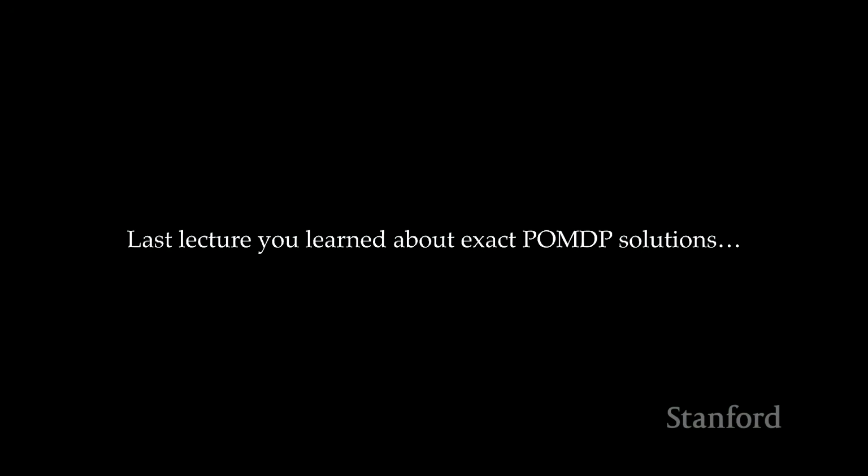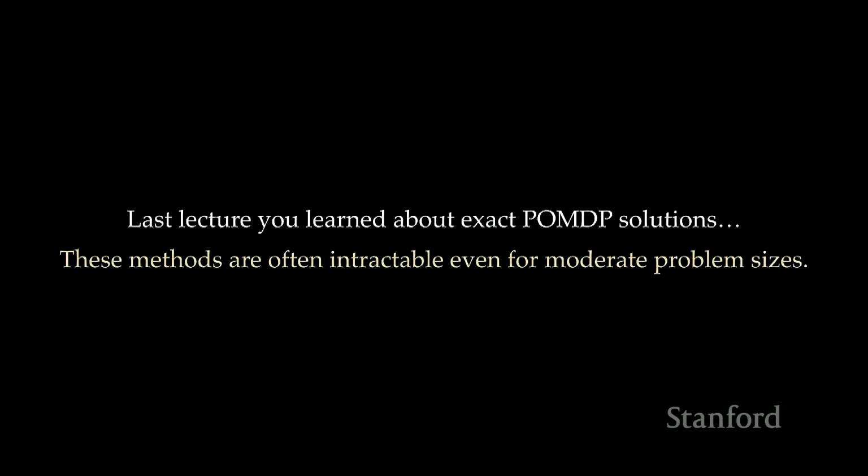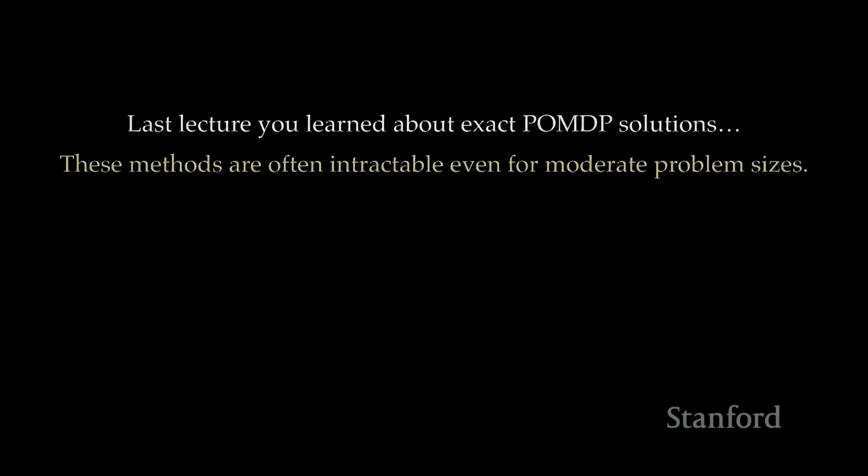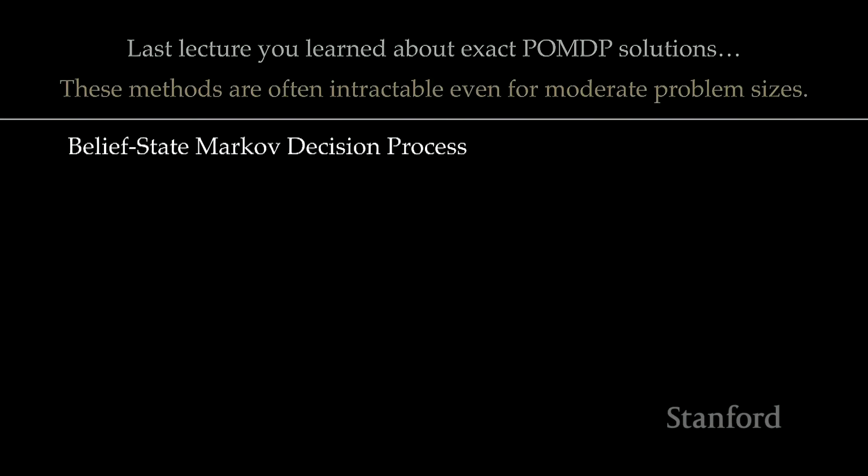All right, so let's jump in here. Last lecture, you learned about exact PBVI solutions, but probably towards the end of lecture, you learned that these methods are typically completely intractable, even for moderate problem sizes. You learned about a couple different ways to exactly solve PBVIs.